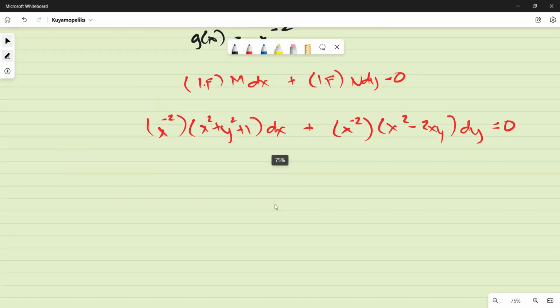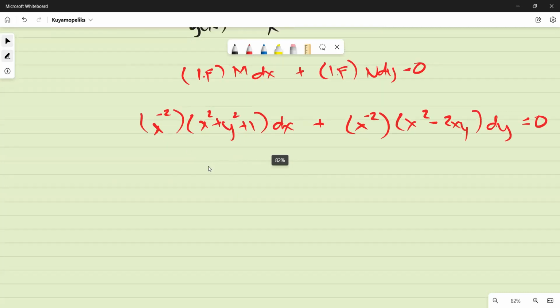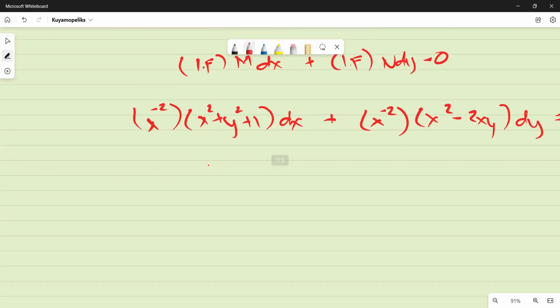So, let's multiply. This will become x raised to negative 2 plus 2, because same base but different exponents, you just add the exponents. So that is 1, right? Plus x negative 2 y squared, plus x raised to negative 2 dx.